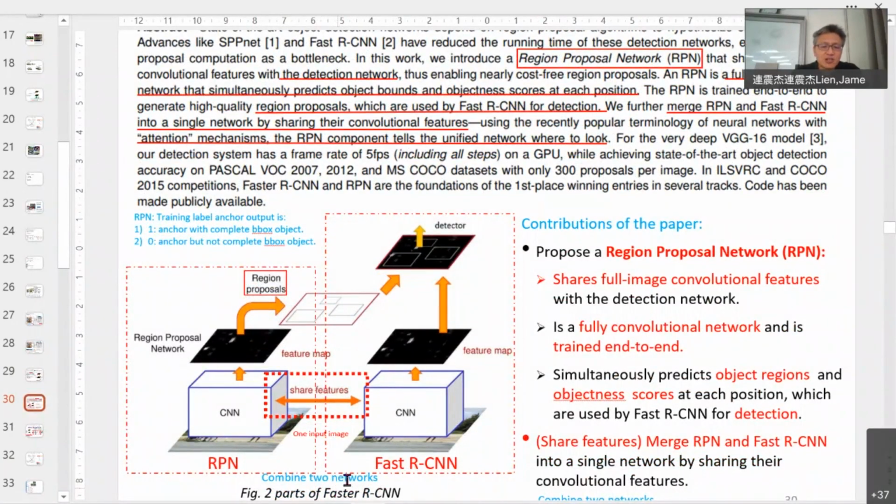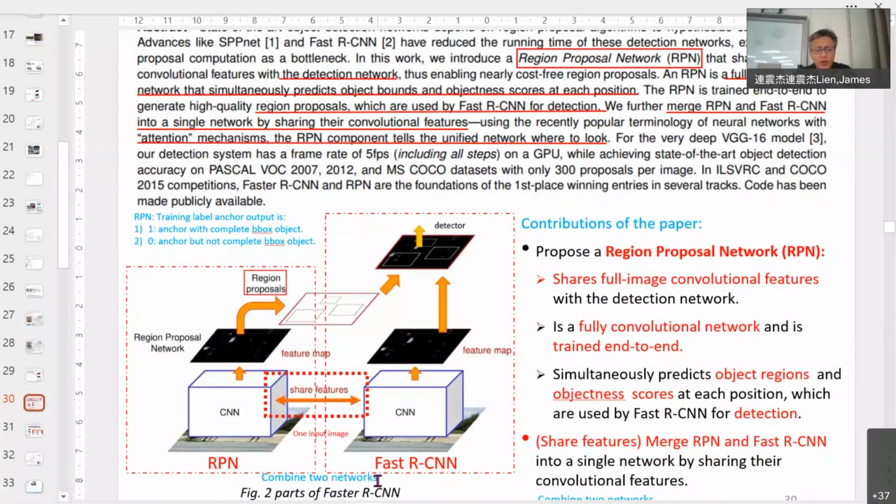So what is FASTER RCNN? It combines two networks. One network is the original FAST RCNN, and the other network is RPN.